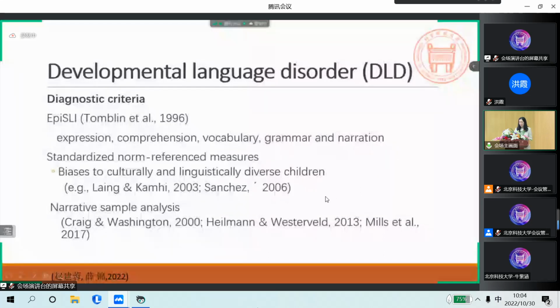Thus, we propose narrative sample analysis could be one tool that might aid the screening or discriminating of DLD, because narrative sample analysis is proven to be friendly to children in different cultures or linguistic backgrounds.